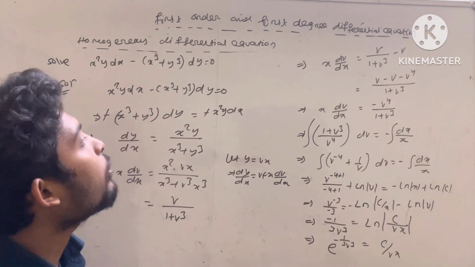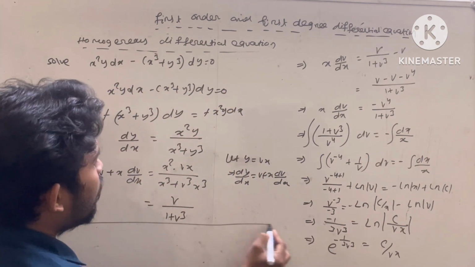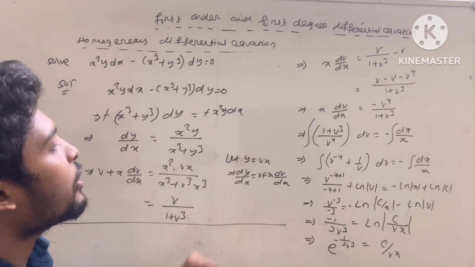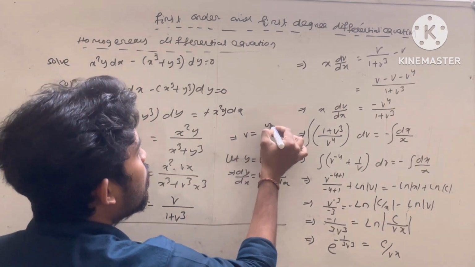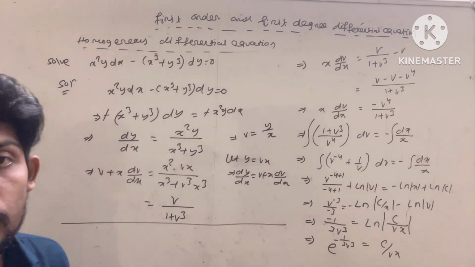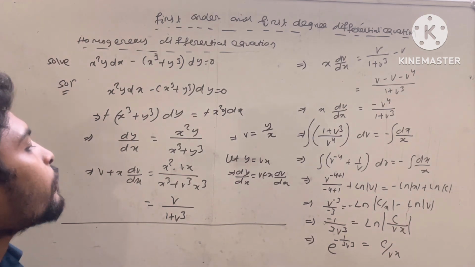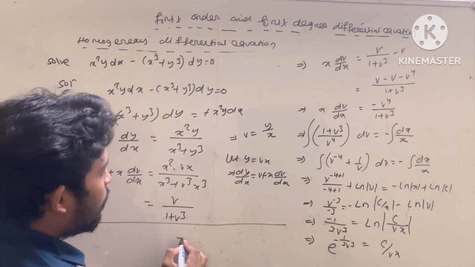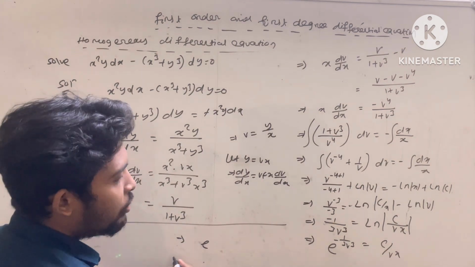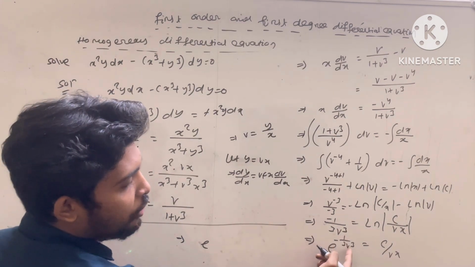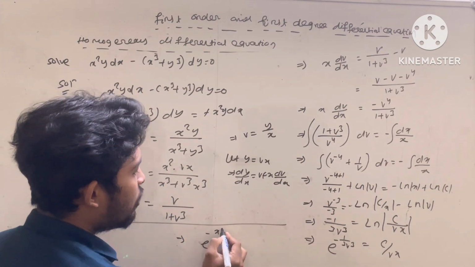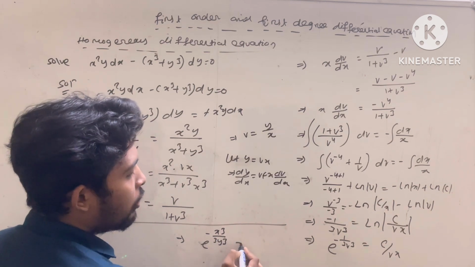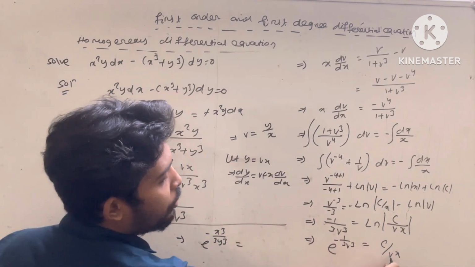Now you have to put the value of v here. Look at here very carefully. y is vx, so v is y by x. So put the value of v here. So what do we get after putting the value of v? This is minus x cube by 3 y cube, and this one would be y by x.